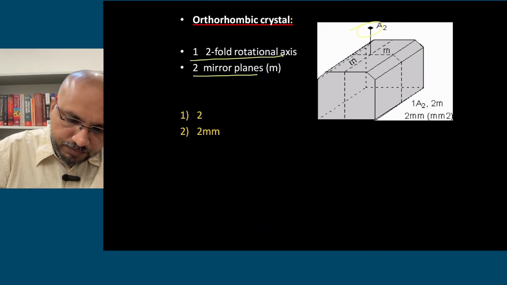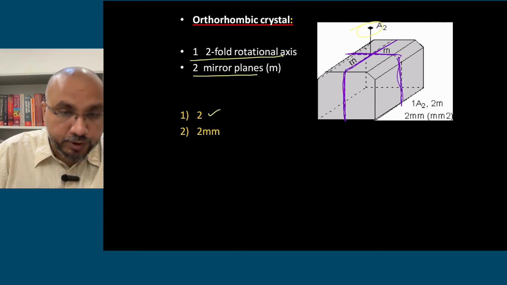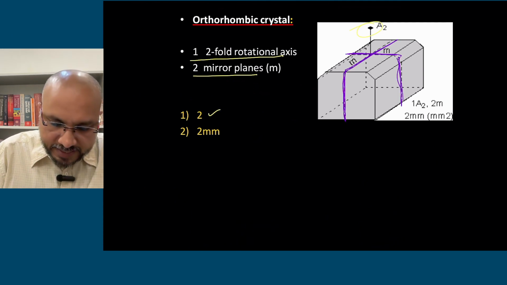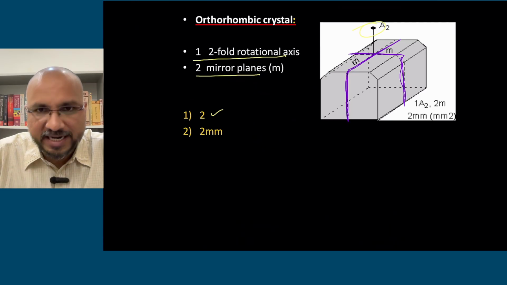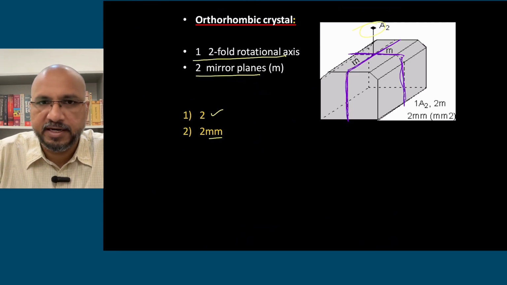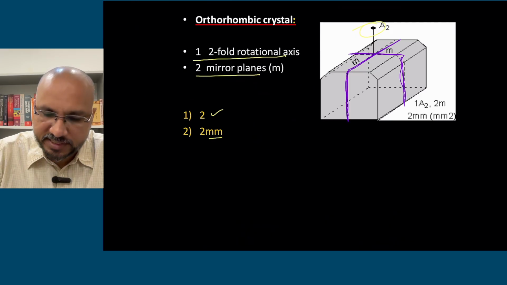Now, so first you will write 2, okay, and two mirror planes are there, you will write mm. And the third step was to check whether any of the mirror planes was perpendicular to the unique two-fold rotation axis. So here both mirror planes are vertical and the rotational axis is passing through the C axis, right?